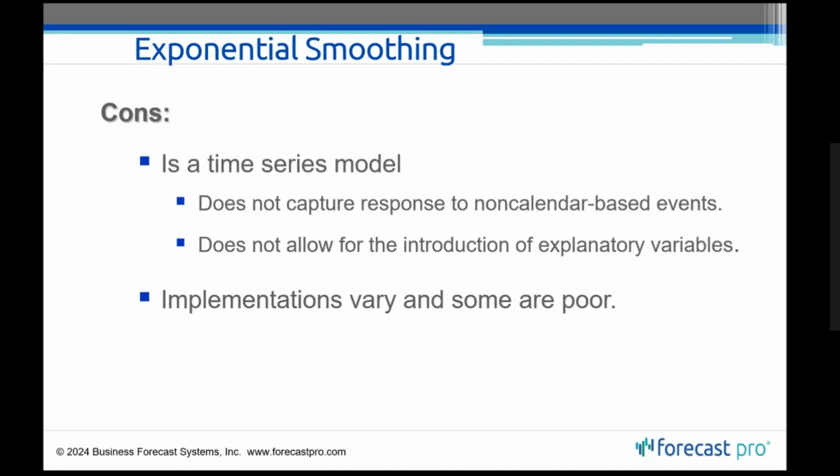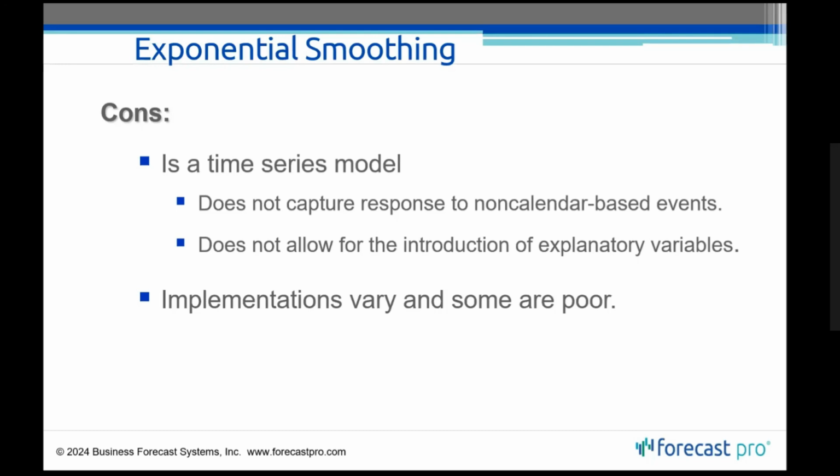There are a lot of decisions that have to be made. And if you build an exponential smoothing model in Forecast Pro and another in SAS, you're going to get slightly different answers. And it has to do with some of the implementation decisions that are made. I have seen some implementations of exponential smoothing that are truly poor.